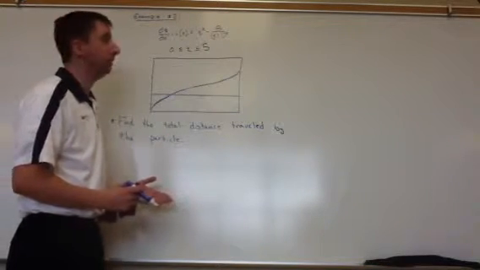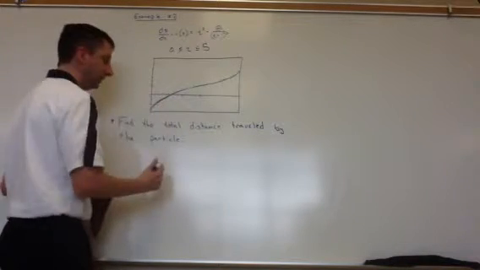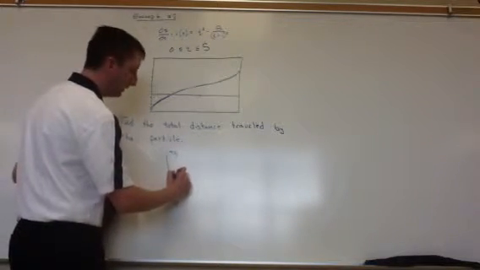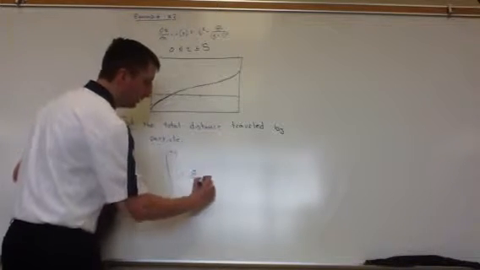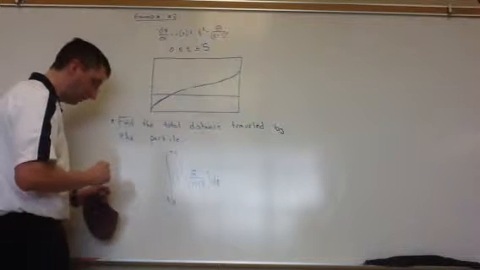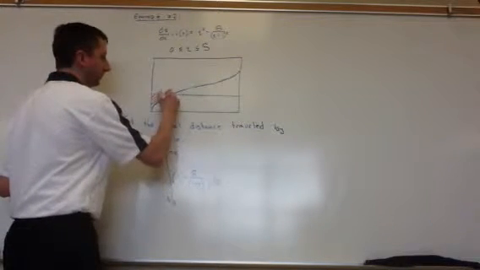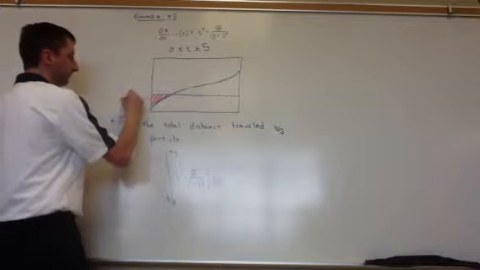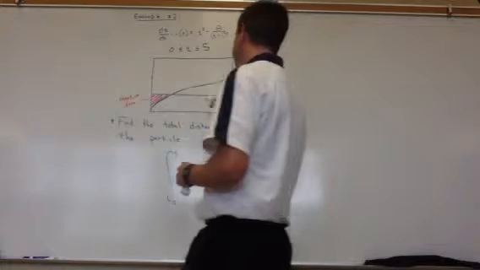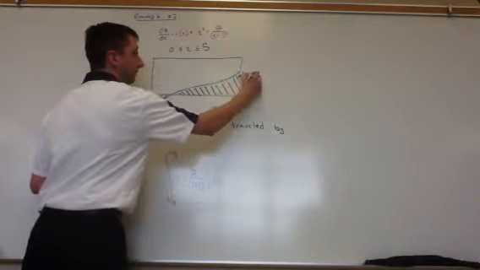So how does this look using calculus? Well, if we want to find the total distance traveled, we know that when we integrate this thing, if I look at the integral from 0 to 5 of (t squared minus 8) over (1 plus t) quantity squared dt, that is this red area, which would be negative area, plus the black area, which would be positive area.